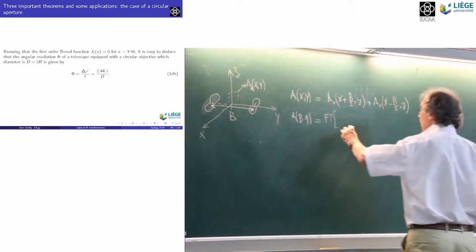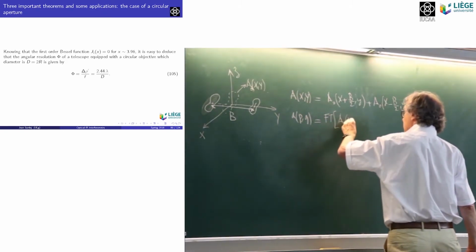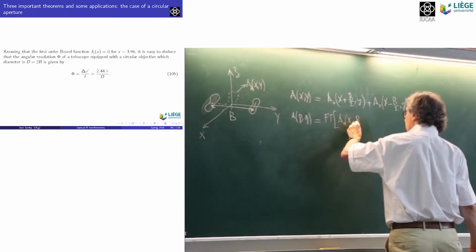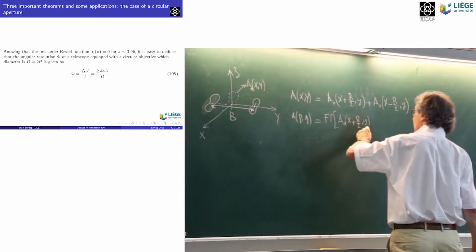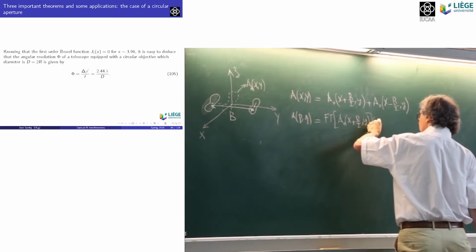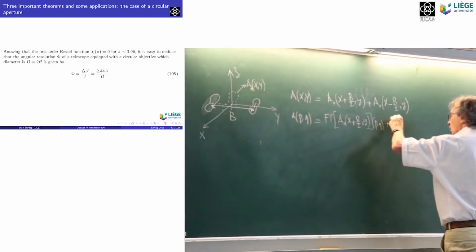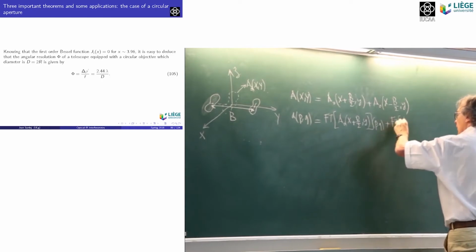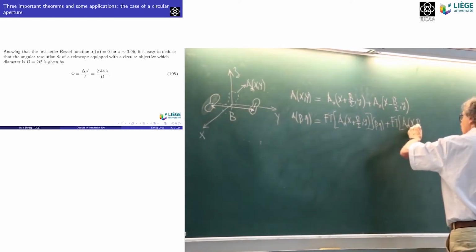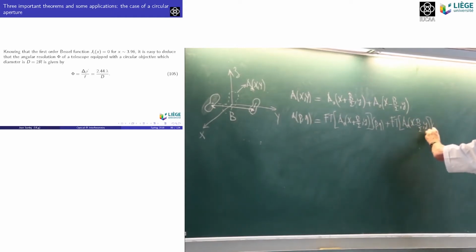So it will be the FT of A0 of x plus B over 2, y, which depends on p, q, plus the Fourier transform of A0 of x minus B over 2, y, of p, q.